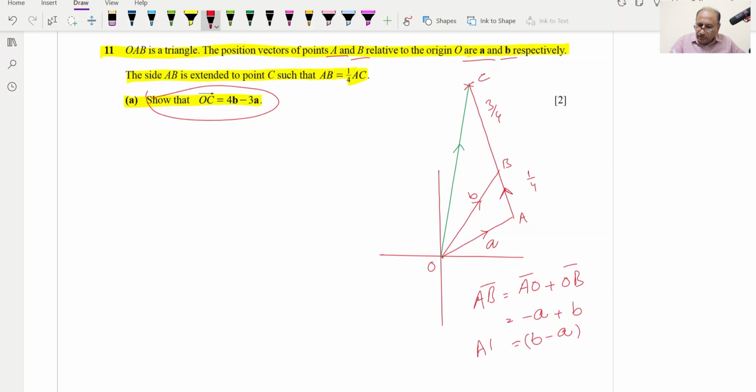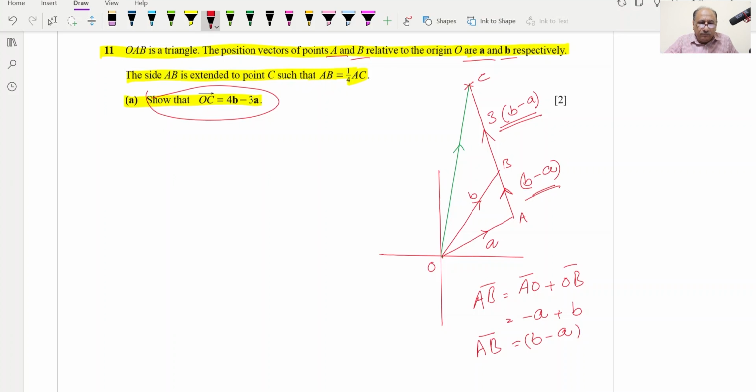So AB is b minus a. This one is 1 by 4 of AC, and BC is 3 times that one, so BC will be 3 times b minus a, and the arrow will be this.